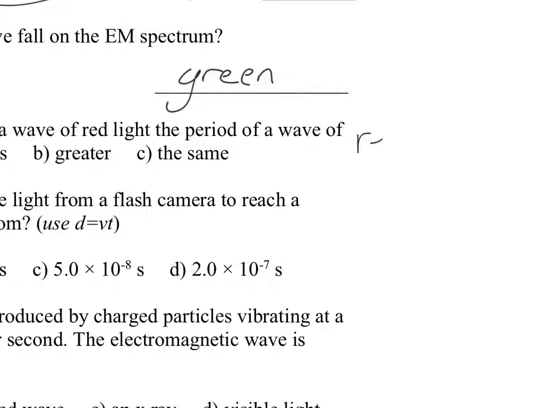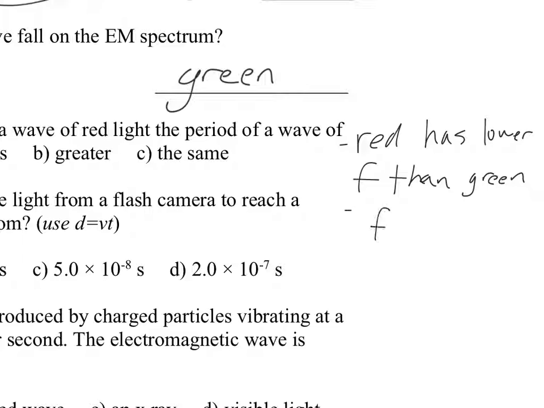Red has lower F than green. And we know, so that's the first point, we know that frequency is inversely proportional to period.